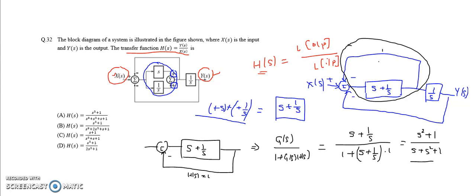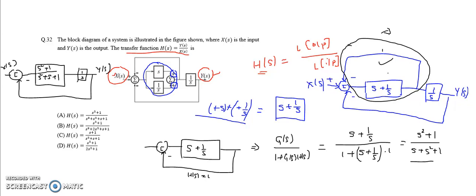That means in place of this entire block, whatever I circled here, I can simply draw a block having this expression, that is (s^2 + 1)/(s^2 + s + 1).